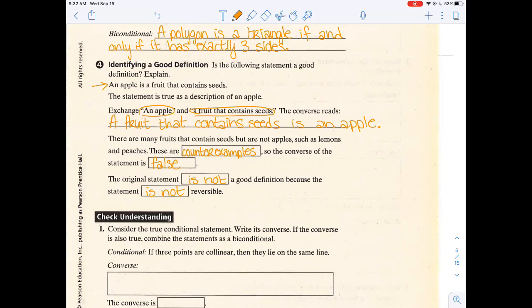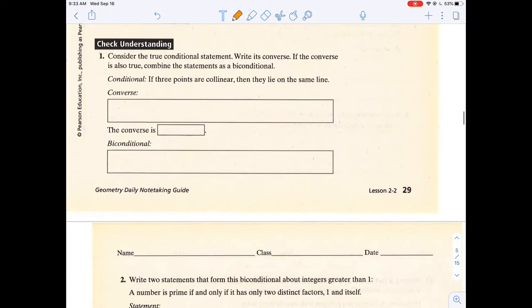Okay, what I need you to do is these check for understanding problems. First one, consider the true conditional statement, write its converse. If the converse is also true, combine the statements as a biconditional, and they give you the statement right here. So you're going to flip the hypothesis and conclusion, decide if that's true, and if it is true, then you're going to write the biconditional statement.